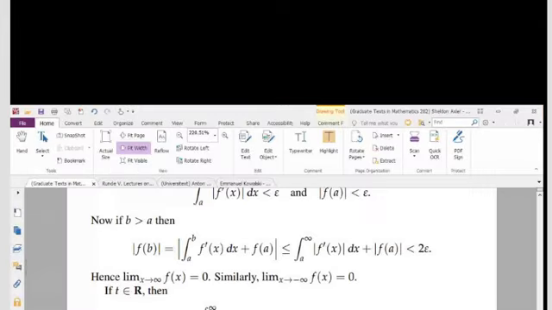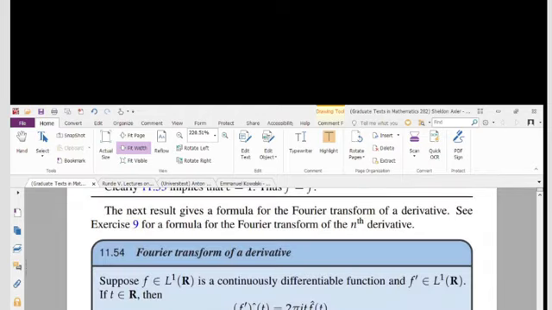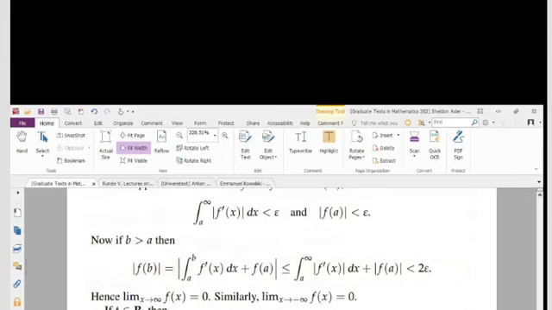So that is equal to this, and by triangle inequality, less than or equal to the absolute value of this integral and the absolute value of f of a, and both of these are less than 2 epsilon by our assumption.